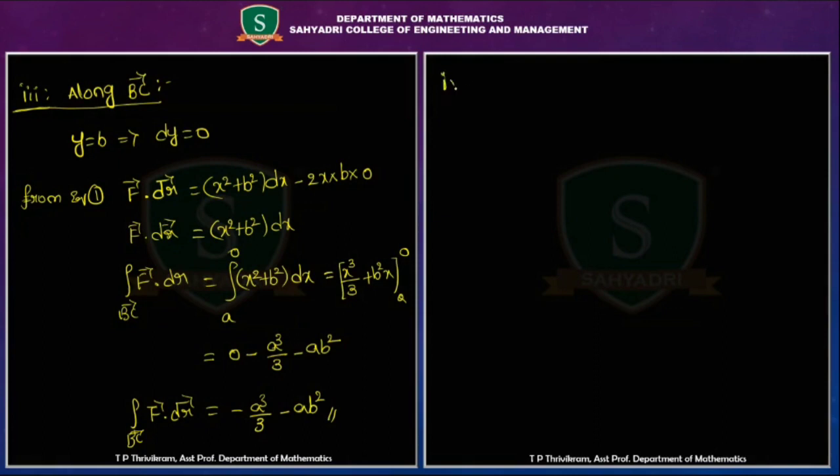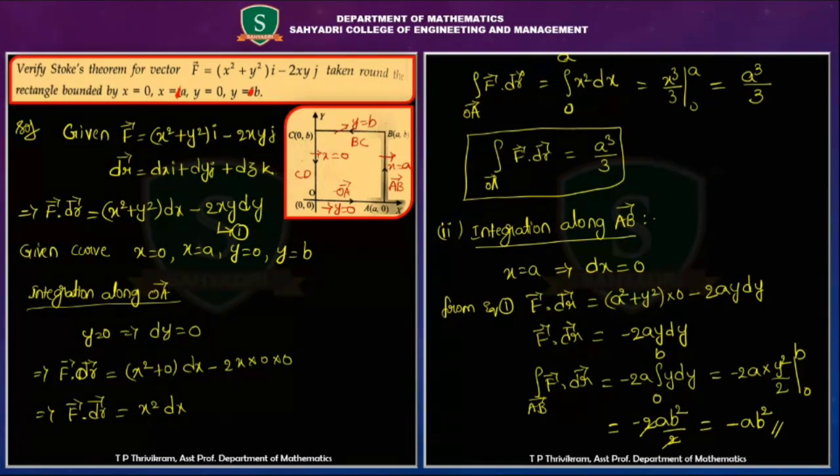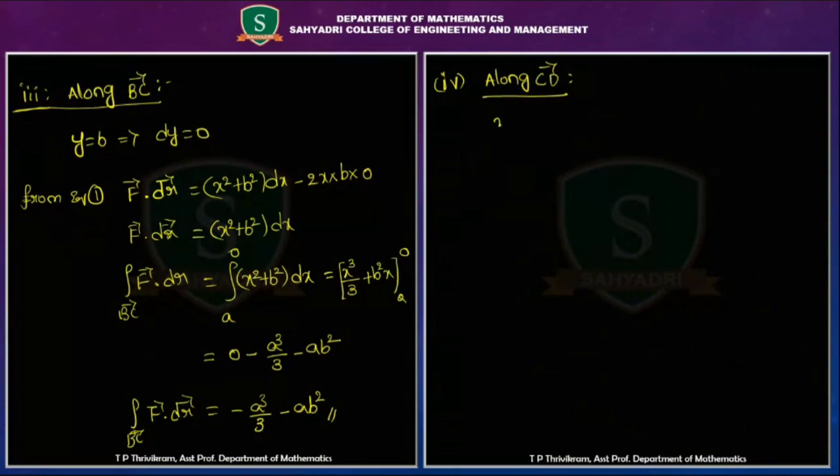Similarly, fourth, along the CD line. Okay, along the CD line, what is it? We have written here x equal to 0. So x equal to 0 implies dx equal to 0.